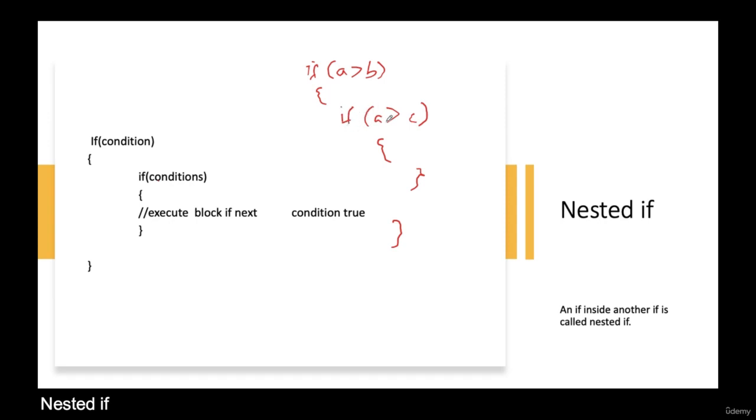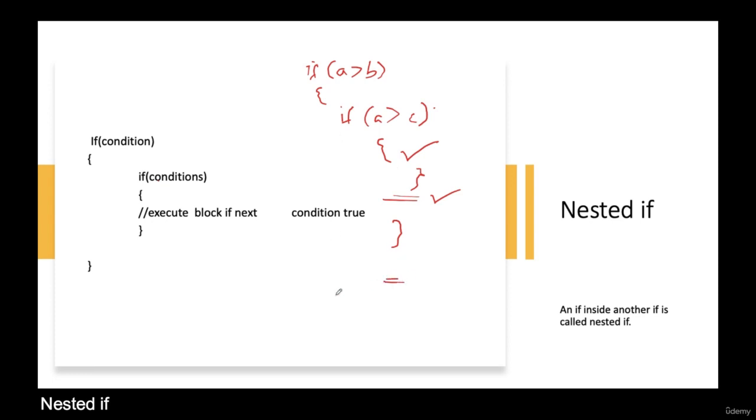Then from there it will check for a greater than c. Then only it will go to this block and execute the statements. If this is true, then it will execute this block. If this condition becomes false, if there are any other statements inside this block, it will execute those. If both these conditions are not true, then it will go to the end of this block.